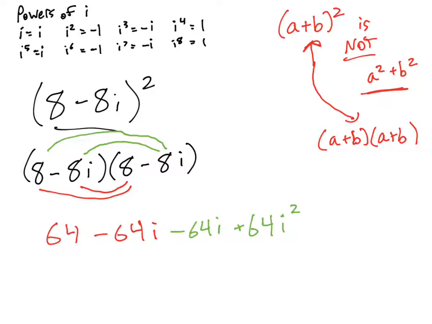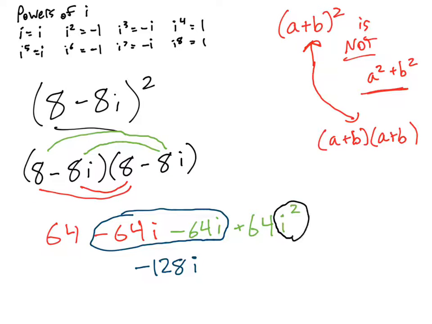To deal with these powers of i that are in our answer, we want to combine together any like terms that are just i to the power of 1, and negative 64 combined with another negative 64 gives us negative 128i. We should also simplify any higher powers of i following the pattern that we see up here.